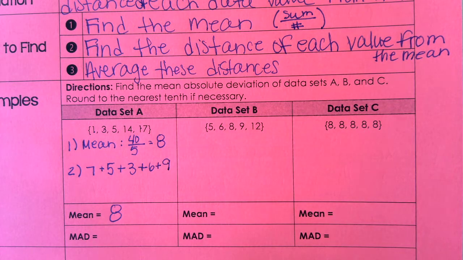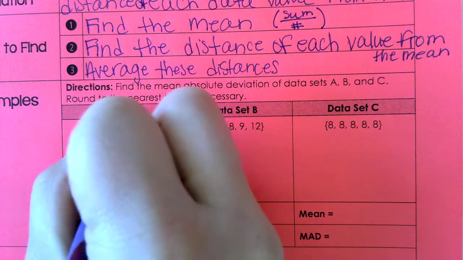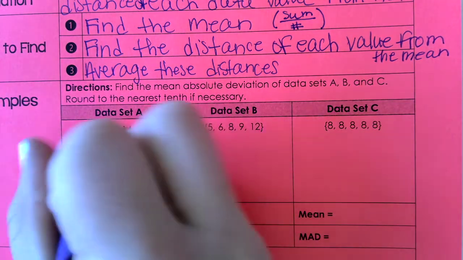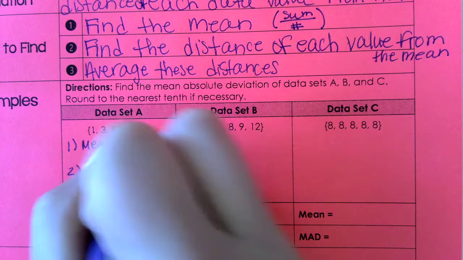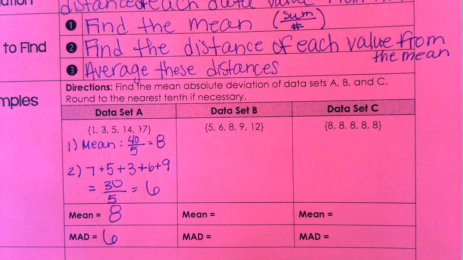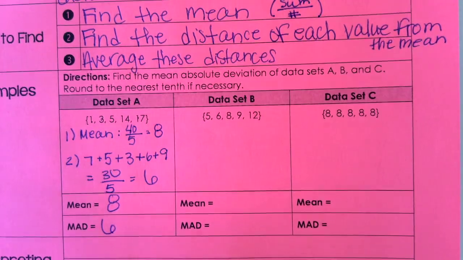I'm going to add those numbers together, and that's going to get me 30. Divide that by 5 because there's 5 numbers, and that's going to get me 6. So my MAD is 6. Okay, so that's what we're doing.